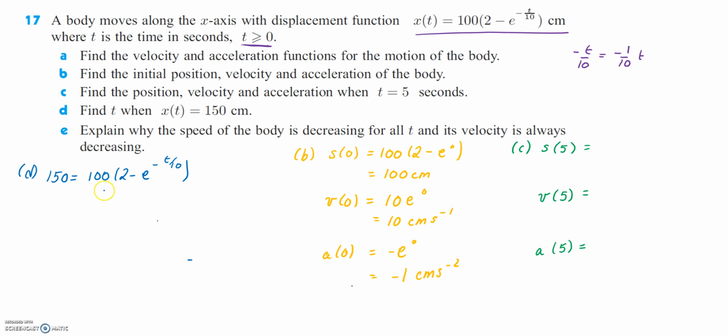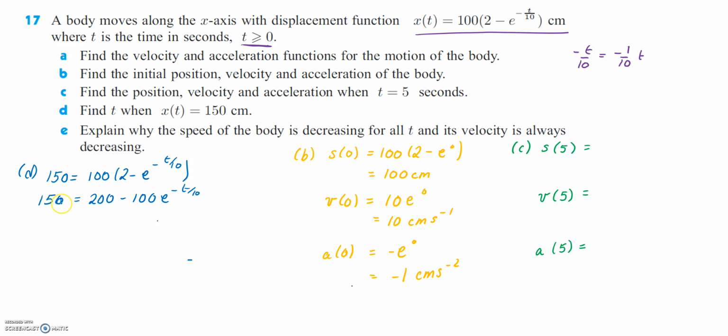You can do a whole lot here. If you want to, you can divide by the 100, or you can do what we did before and expand. Don't think it really matters. I'm not in the mood for fractions at the moment, so I'm going to go 150 equals 200 take 100e to the minus t over 10.